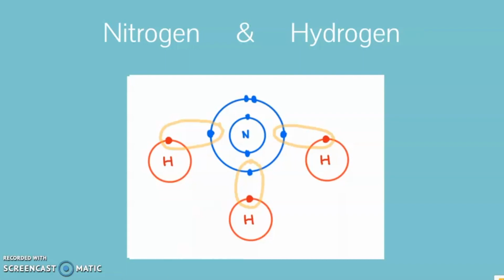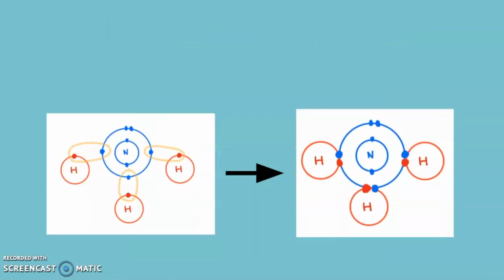This circle method can then lead us to draw the final product. Take a look over here on the right side of the screen. Notice how my circles, I've now drawn them next to each other. This is that sharing pair. That is our covalent bond. And I kind of like drawing it like this as the final product because then we can check to make sure everyone's full and happy.